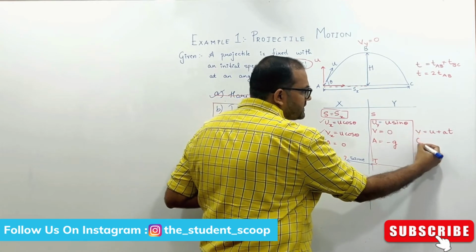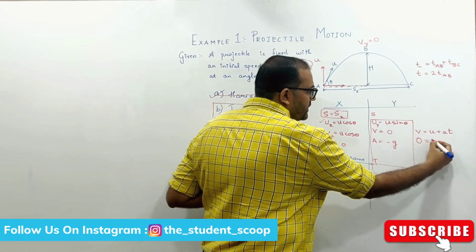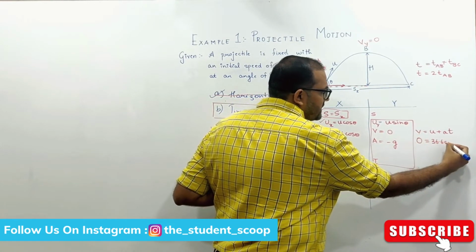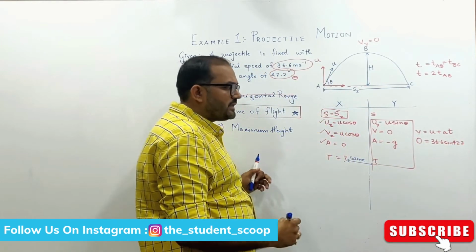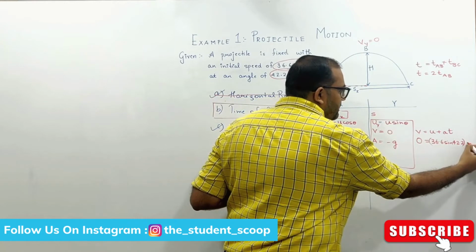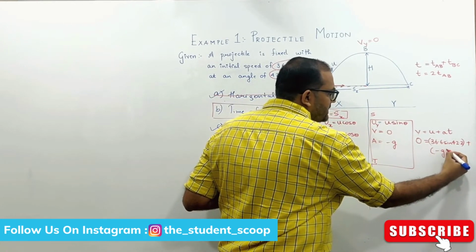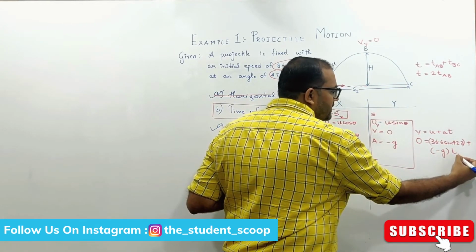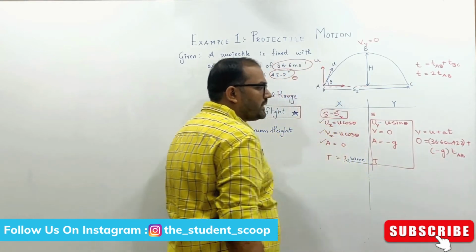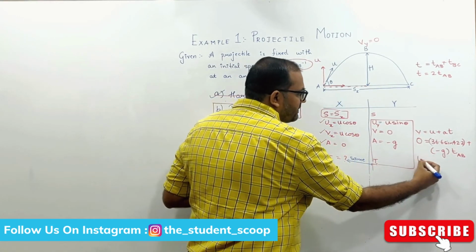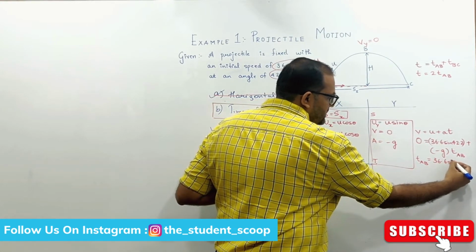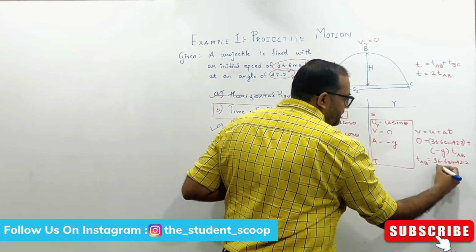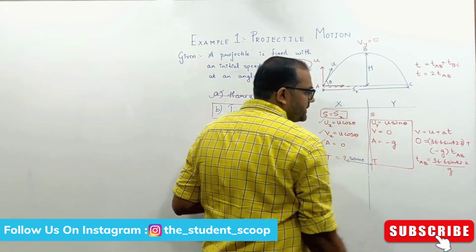So the value of v is 0, the value of u, which is 36.6 times sine 42.2, is your initial velocity, plus the acceleration value is minus g times the time taken to just go up, that is from A to B. If you make the time the subject of your equation, the equation is 36.6 sine 42.2, the whole divided by g.